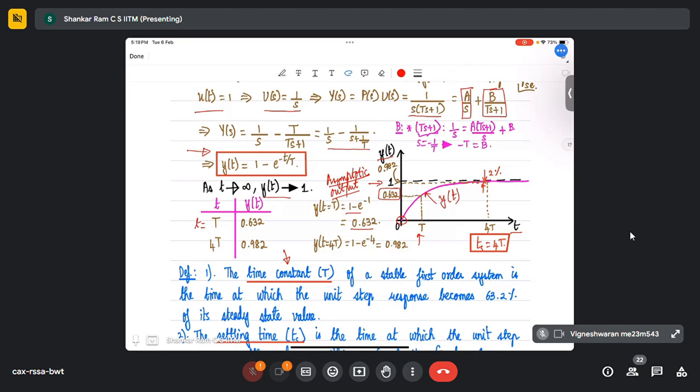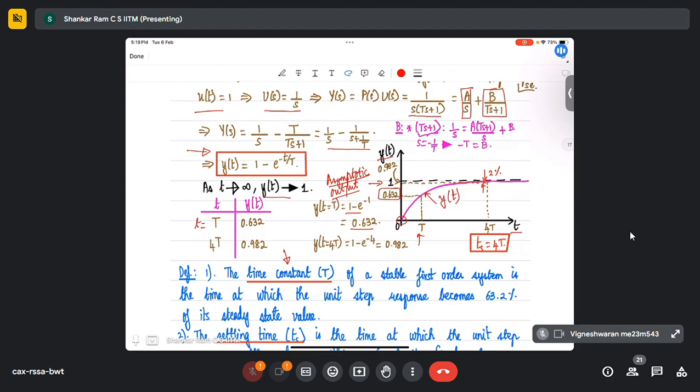Now, what is one related parameter which is associated with the time constant? Let's say there are 20 of us in this class, and all of us are asked to design a brake system, which we model as a first order system. So all of us have developed a brake system, and it's going to behave like a first order system, which is stable.